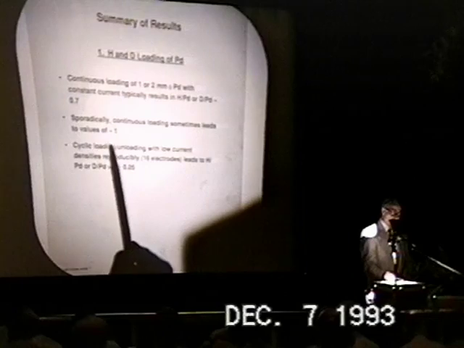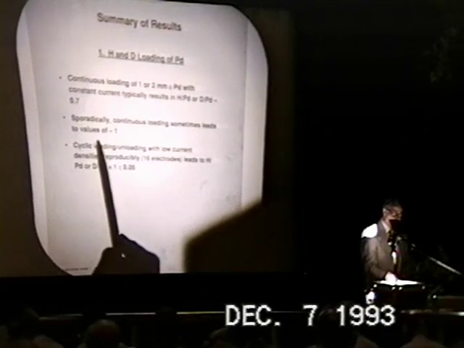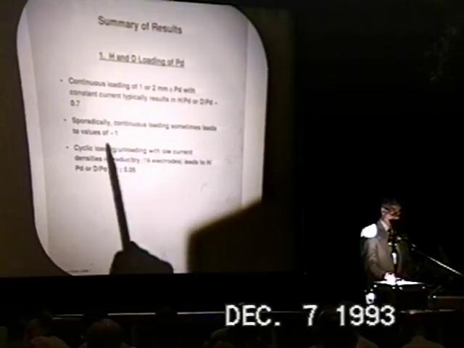Sporadically, that group with their 60 electrodes found that the continuous loading got to values on the left-hand side.